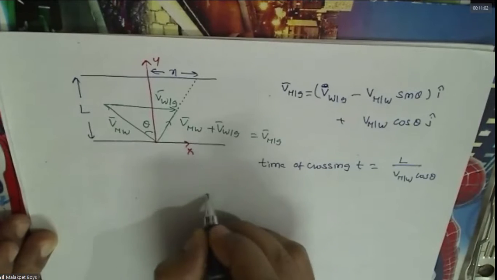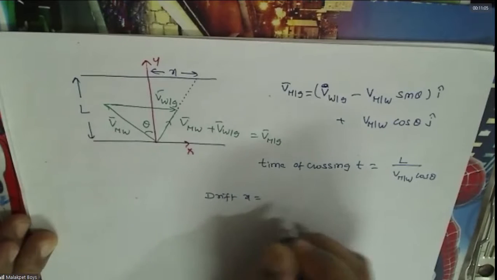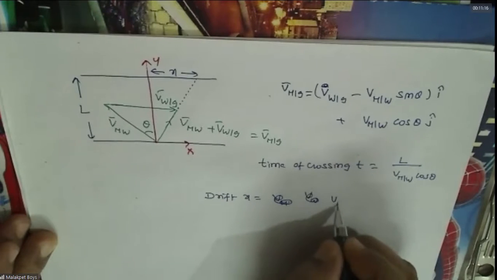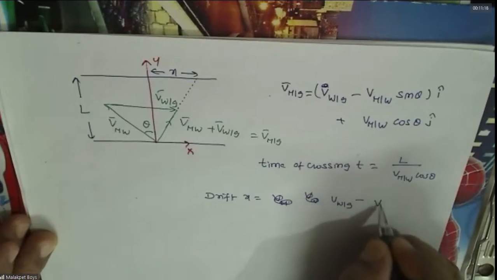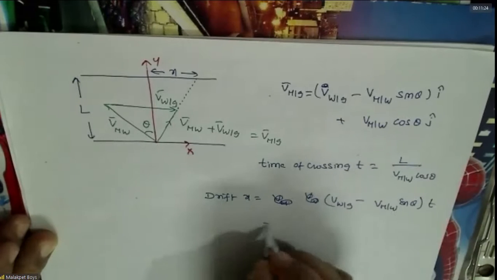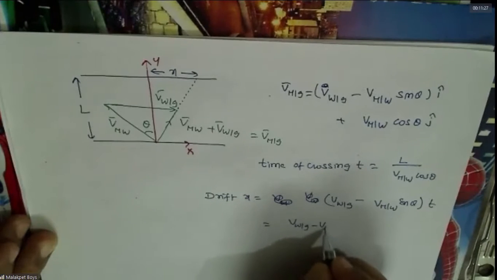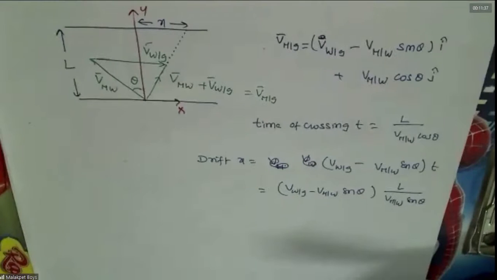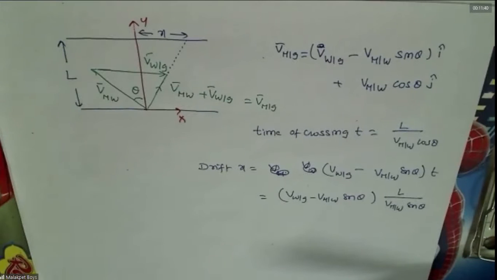Then we have seen drift: x equals the X component of the velocity of man with respect to ground, that is, the velocity of water with respect to ground minus VMW sin theta, into T. Hope you remember all this. This is all we discussed in earlier classes. I'm just reviewing this.